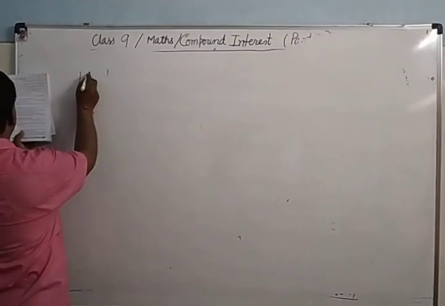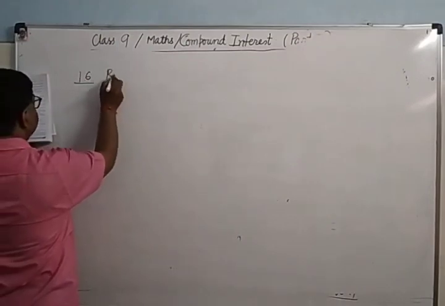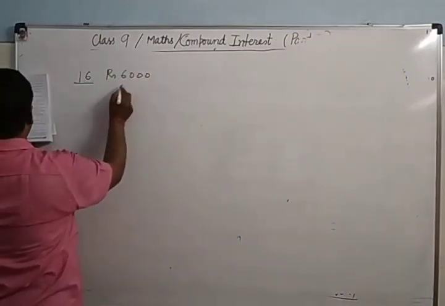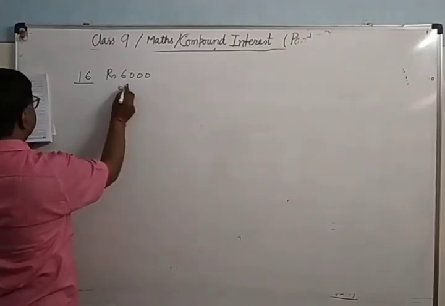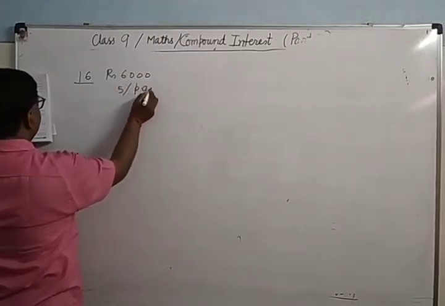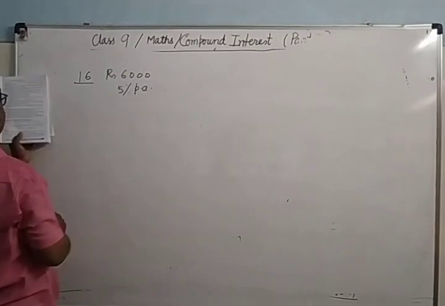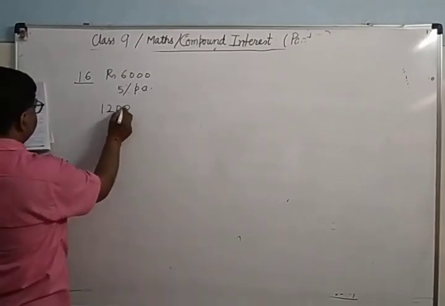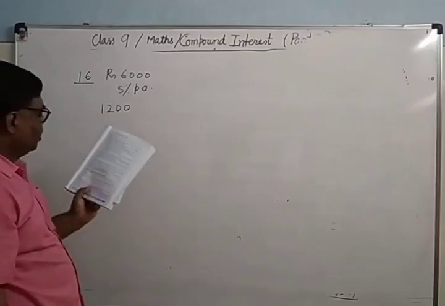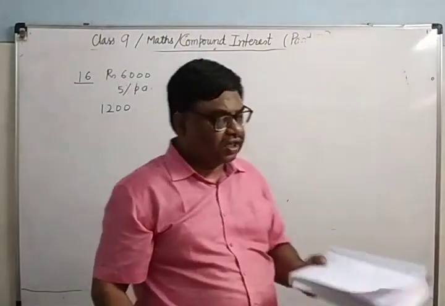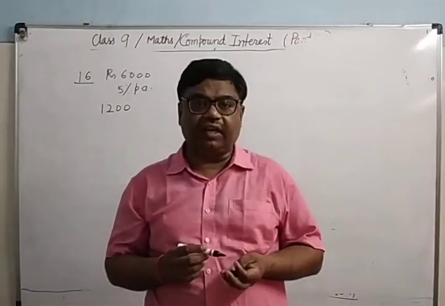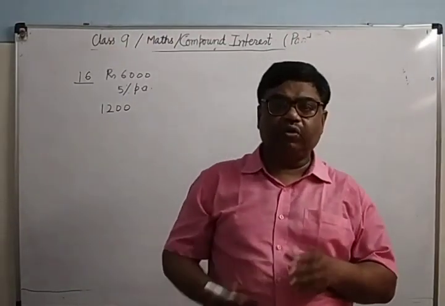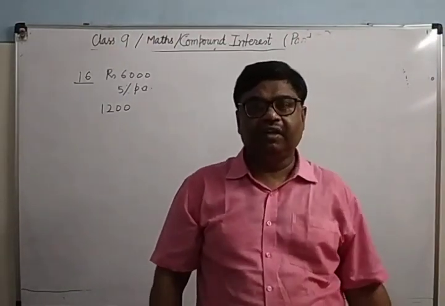Means rupees 6,000 is borrowed at 5% per annum compound interest. If he repaid 1,200 at the end of each year, this much is returned at the end of every year. Find the amount outstanding at the beginning of third year. Means you have to find the amount at the beginning of third year.